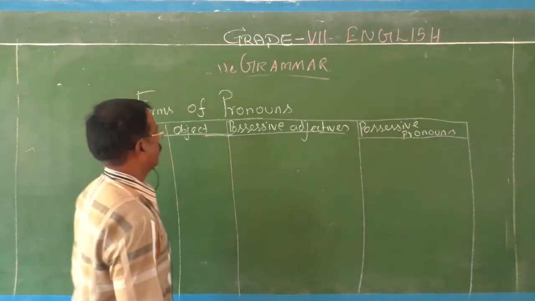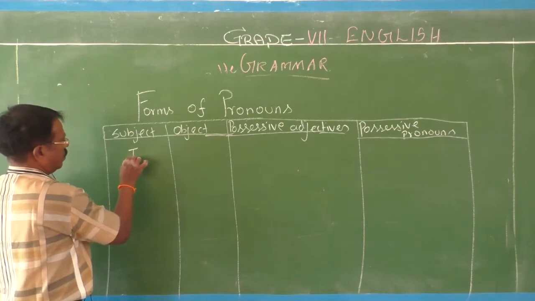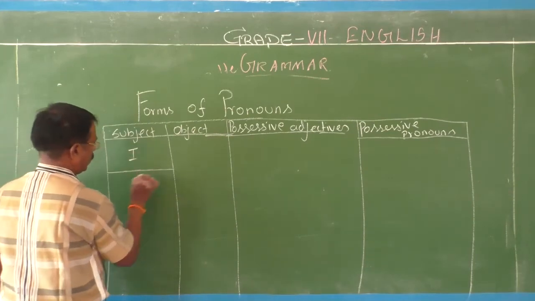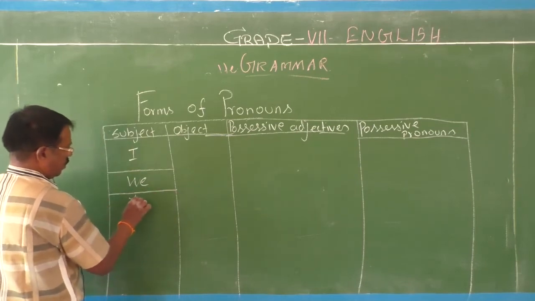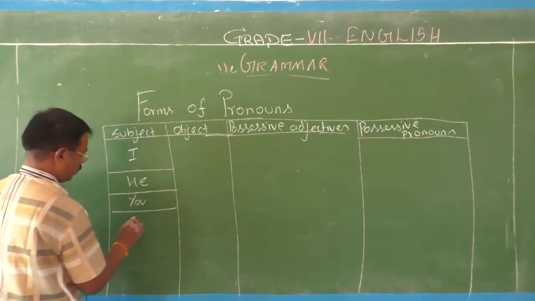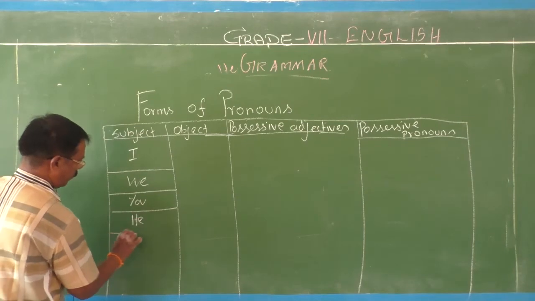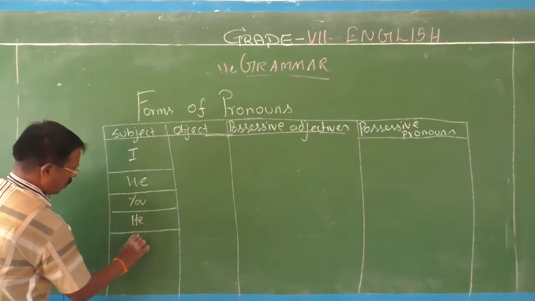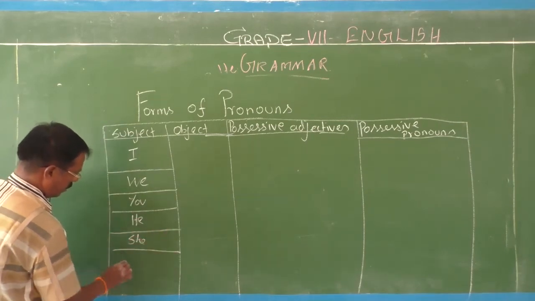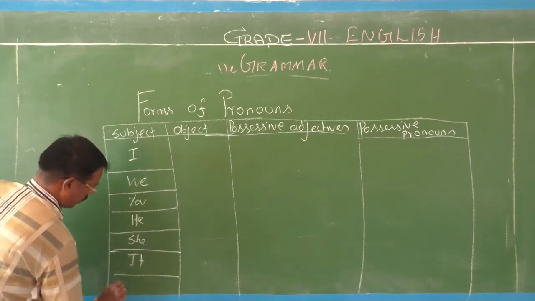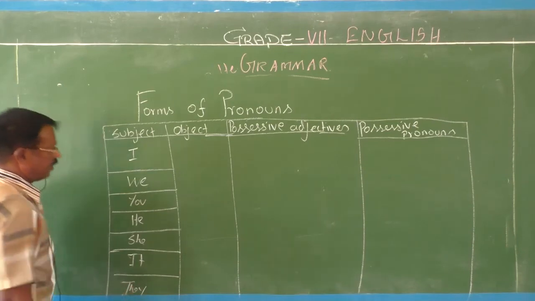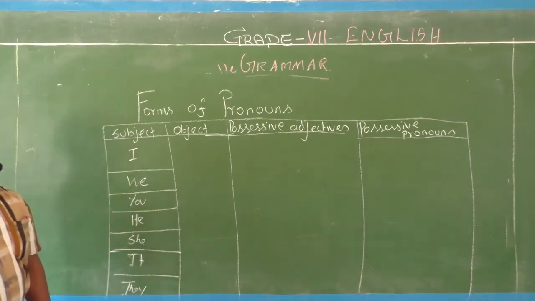Okay. So, I, we, you, he, she, it, and they. Okay, they are the subject pronouns.